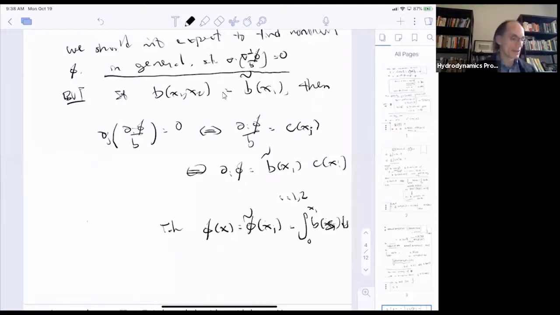Okay, and then this will surely be true with c equal to 1. Okay, and so the point is, if the weight b is a function of a single variable, then we have an additional conserved quantity.